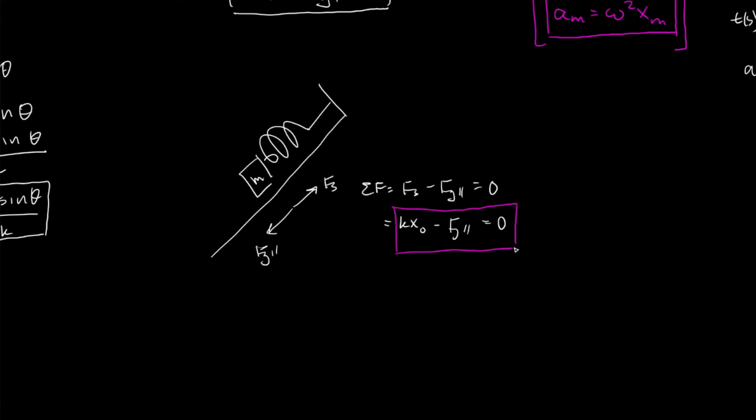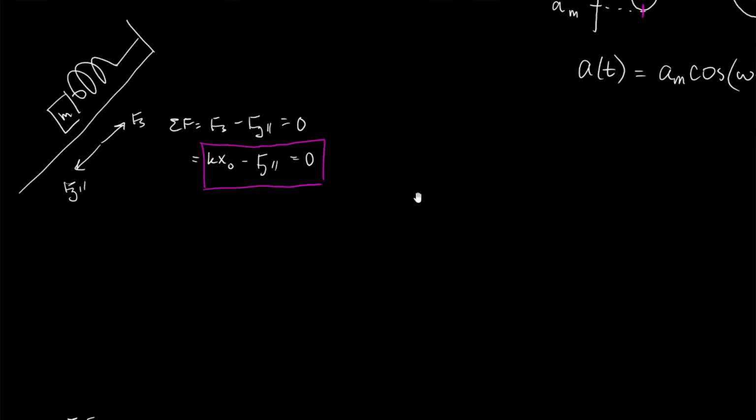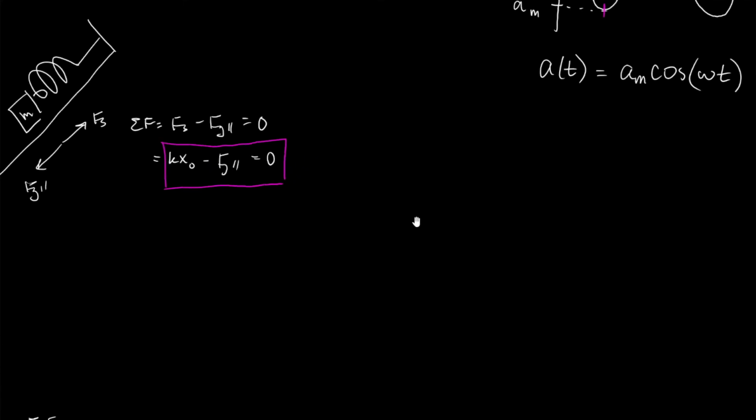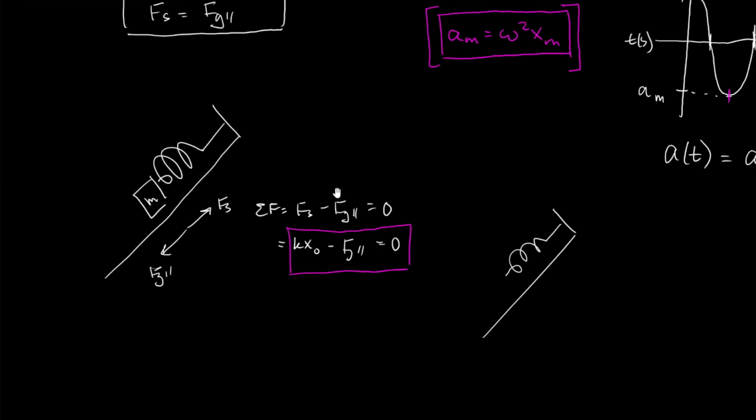Now this position corresponds to this spring when it's not stretched or compressed any. Now imagine, let's say we do stretch this a little bit. So here, I'll annotate that first stretch.